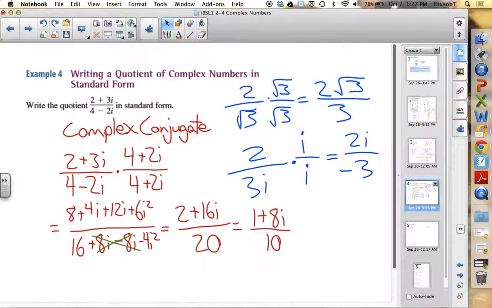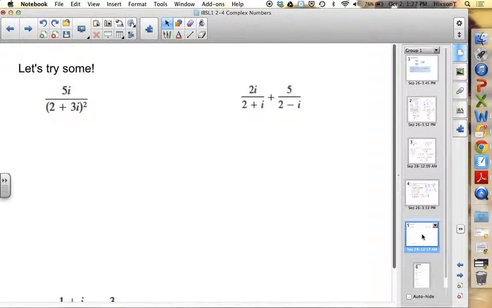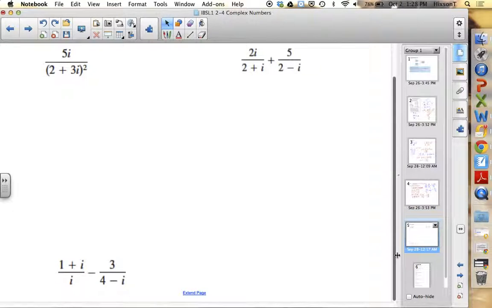For example, when I go to do this problem here, I could get a common denominator first, add them, and then rationalize the denominator, or I could rationalize each of these denominators first, and then add the two fractions together. Okay? Same thing with the one down there, which we'll work on.